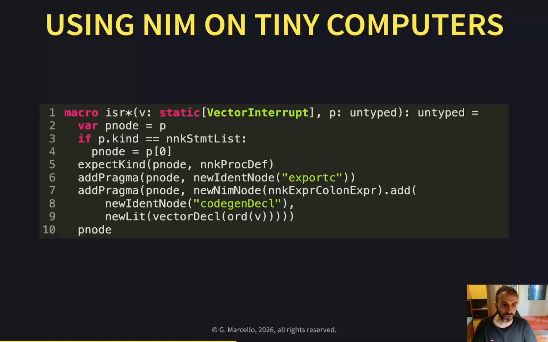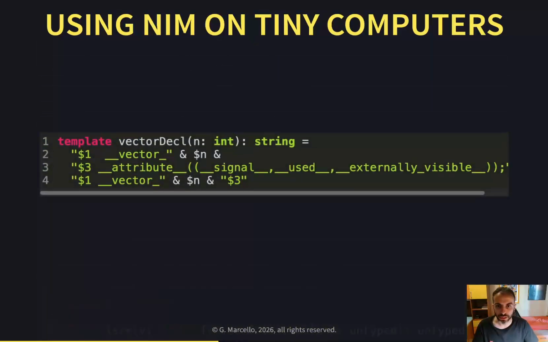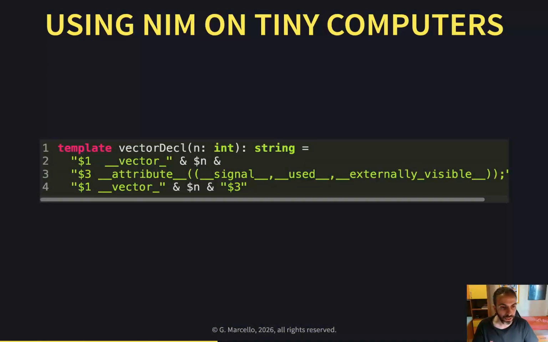They are a way of taking in Nim abstract syntax trees and spitting out modified versions of them. This macro here will take a proc and wrap it with that signature here in the C-generated code, and make it so that it can be used as an interrupt service routine.